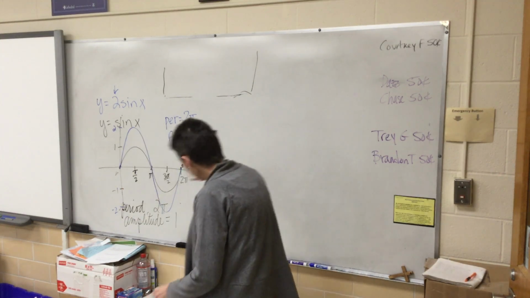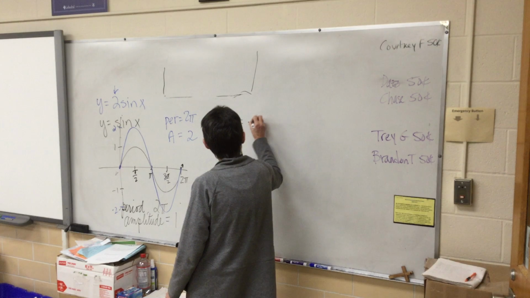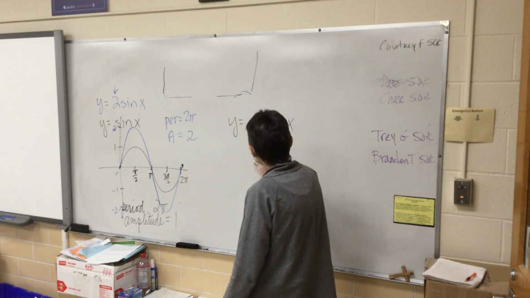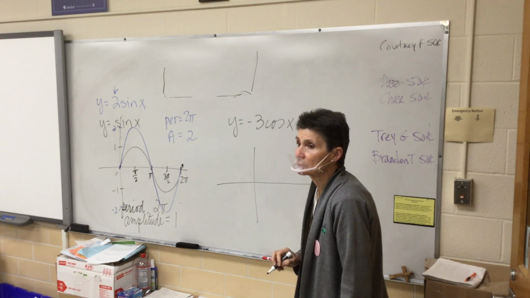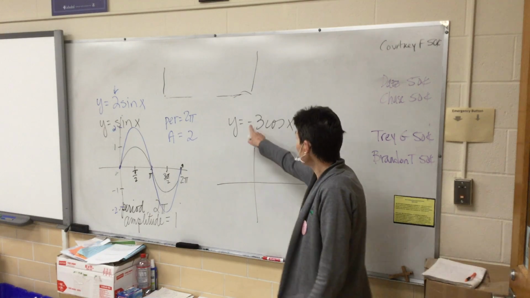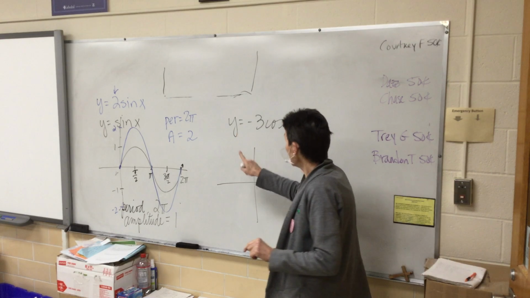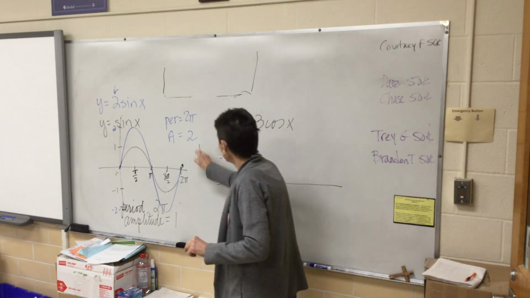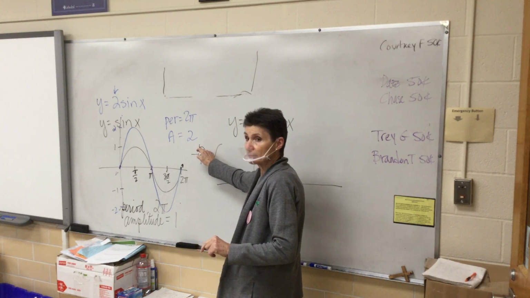All right, -3 cosine. What does the negative do? Flips it upside down. That negative out in front flips me upside down. So remember, your cosine normally starts up here, right?